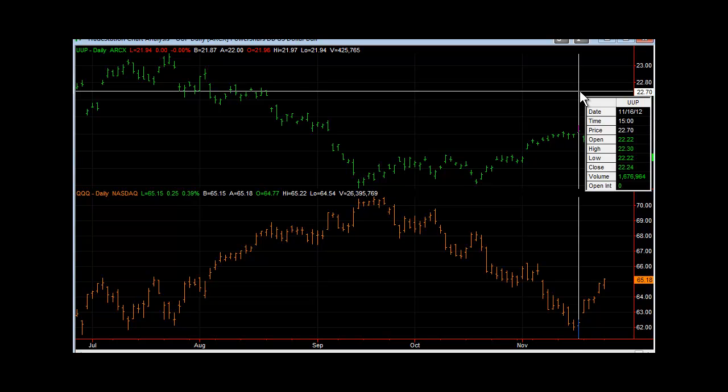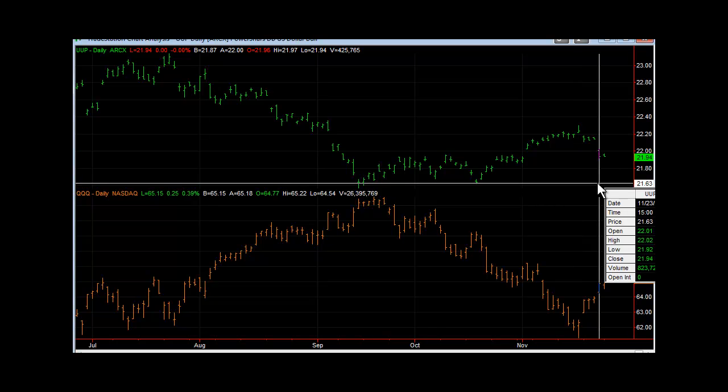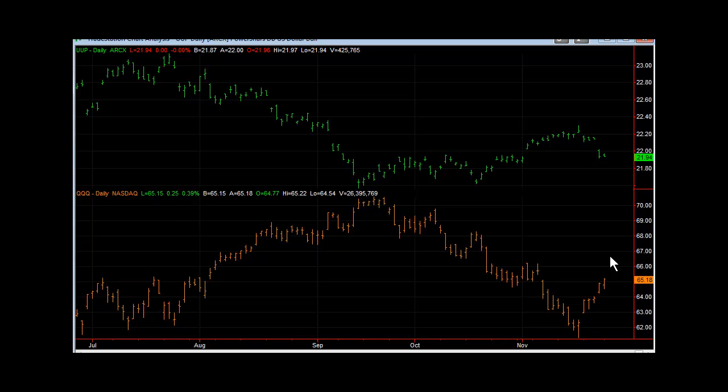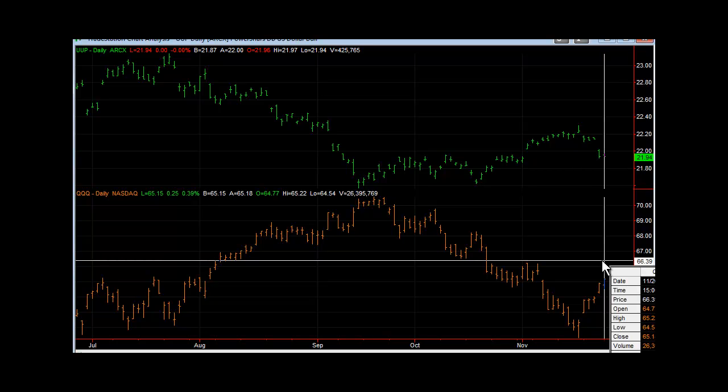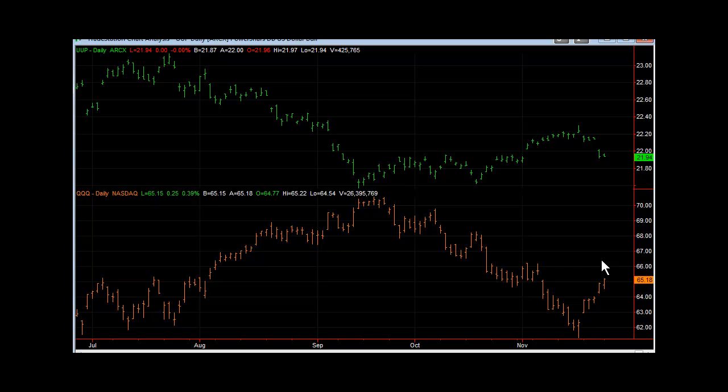So as you can see right now, we're coming off on the dollar index, and we could definitely easily get back down here to 2160, 2170 in this time frame, which with the negative reverse correlation should push the Qs potentially back up here to 66.43.